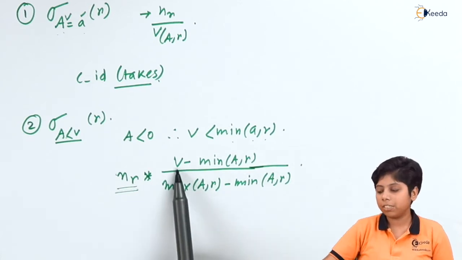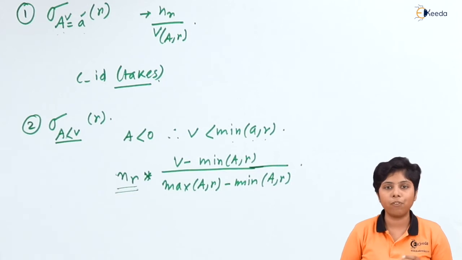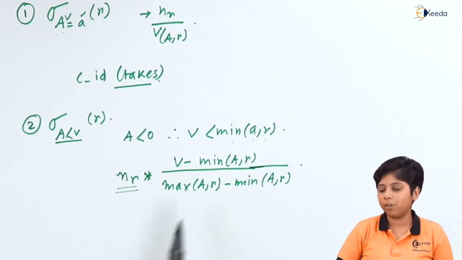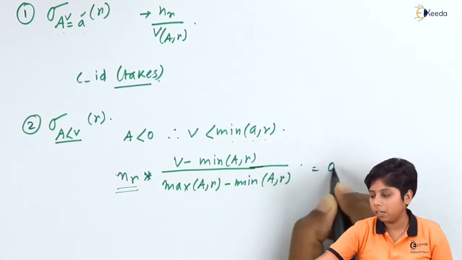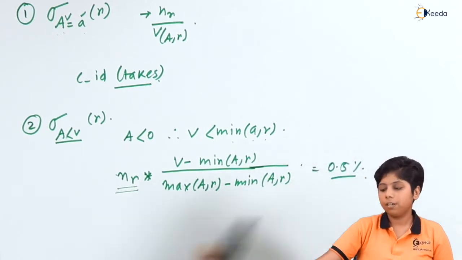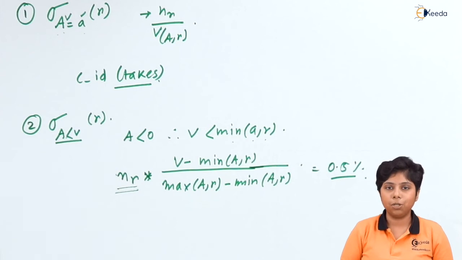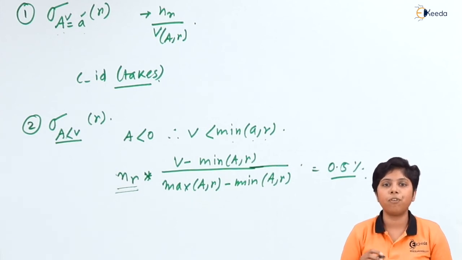That means 75 minus 50, that is 25,000, and the maximum salary is 1 lakh minus 50,000, that is 50,000. So 25 by 50, that is 0.5, or 50% of n_r can belong to this A less than B category, if it is on the salary basis of 50,000, 75,000 and 1 lakh.